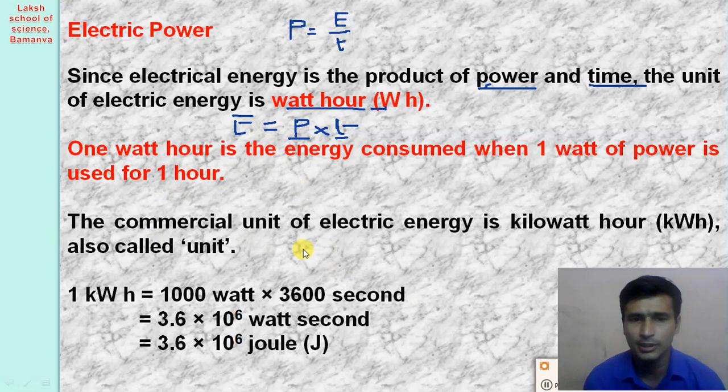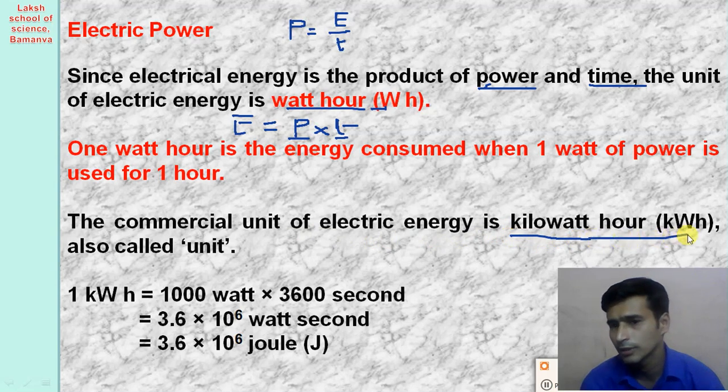And the commercial unit of electrical energy which we use in our home is the kilowatt hour, or we can say 1 unit. So we measure electrical energy in units, right?